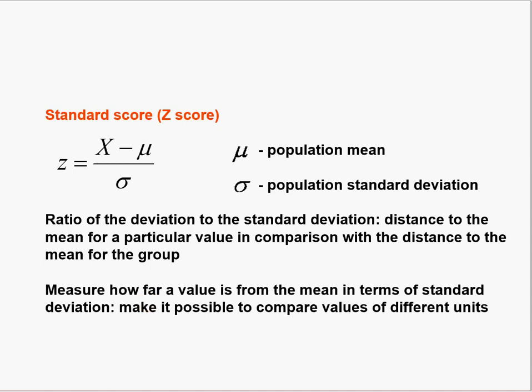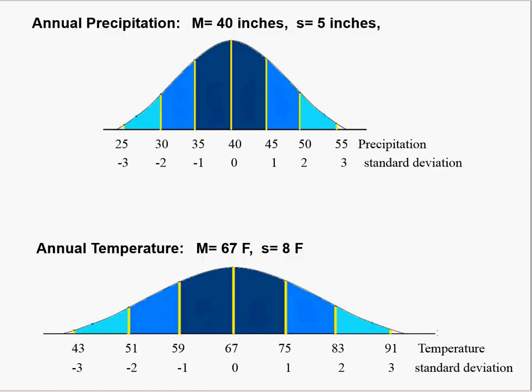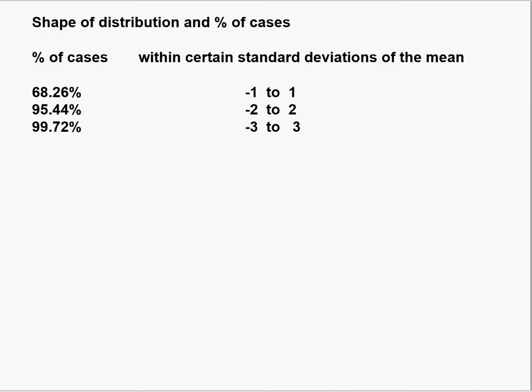So now we know the advantage of using the standard score. Come back to the chart. You convert all different real-world variables that conform to normal distribution into this z-score and build this particular standard normal distribution. And this standard normal distribution corresponds to what we have learned early on.